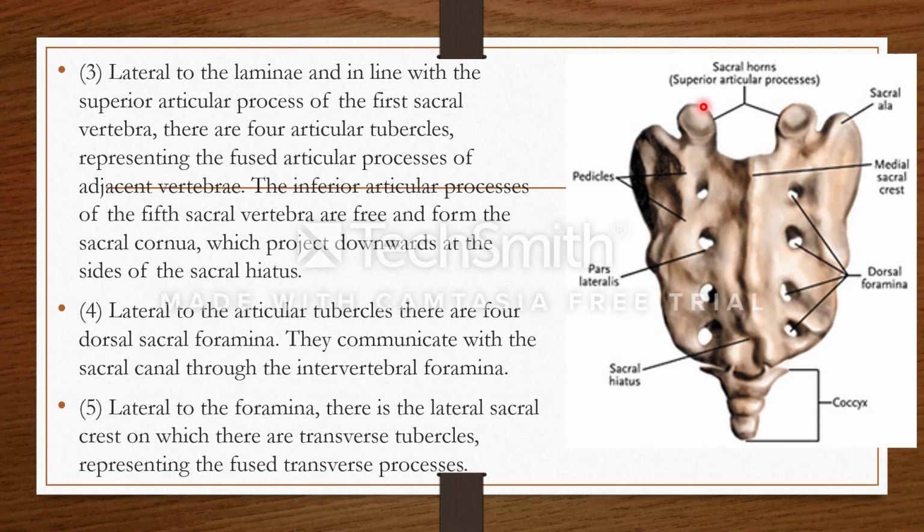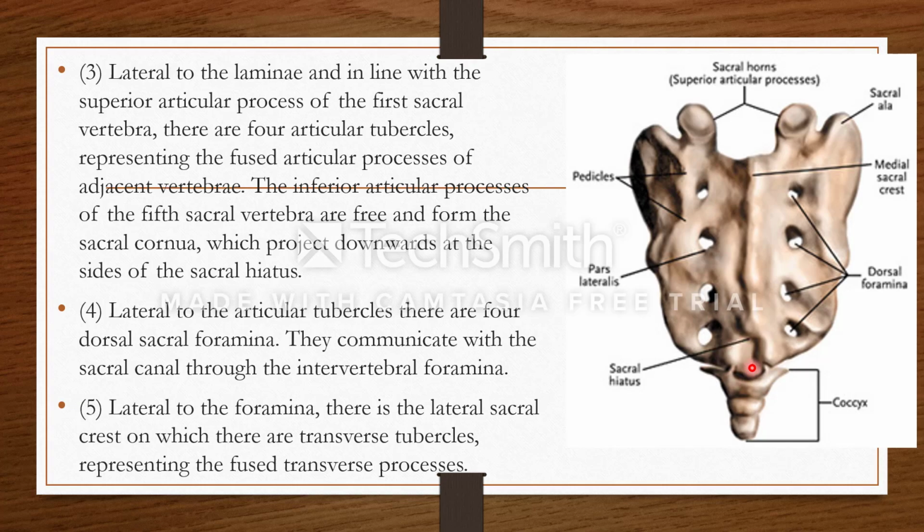Again, only the superior articular processes of the first sacral vertebra are not fused and have facets; they are named sacral horns or the first sacral processes. Then the inferior articular process of the first sacral vertebra, both processes of the second, third and fourth sacral vertebrae, and only the superior articular process of the fifth sacral vertebra fuse together to form the intermediate crest.